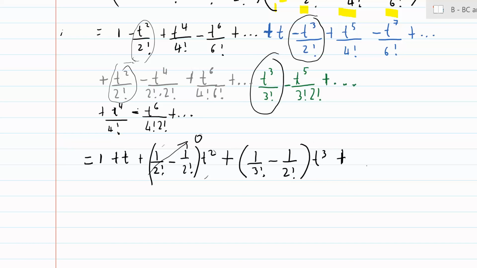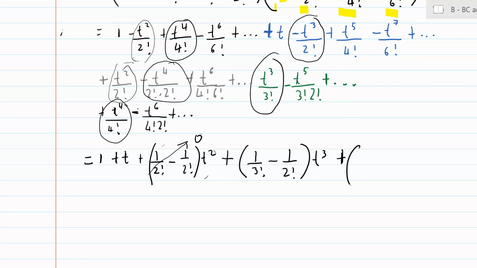And our fourth non-zero term is the coefficient of t to the 4. And for that, we know we have t to the 4 here, here, and here also.